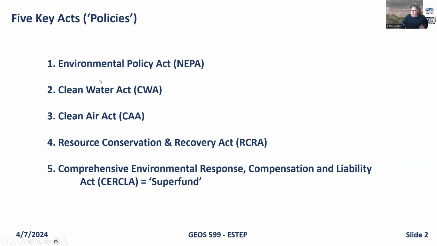So effectively, the Clean Water Act is about having water that is fishable and drinkable. The Clean Air Act, the CAA, is about having air that is breathable. And then the Resource Conservation and Recovery Act, RCRA, we'll look at.